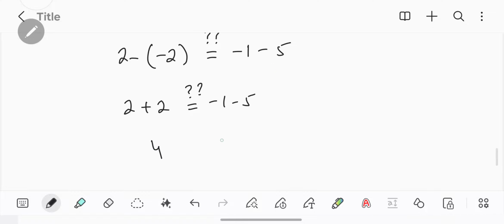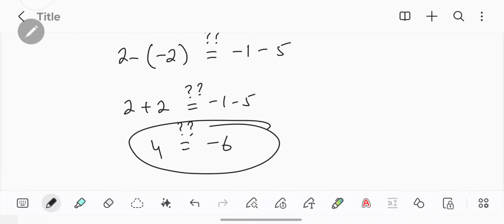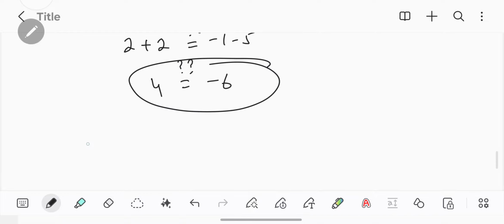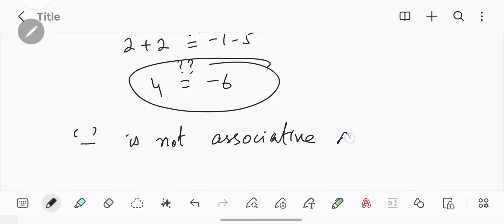This is 4 and this is minus 6. Are they equal? They are different, right? So you will say minus is not a binary operation, it is not associative on the set A. Okay?